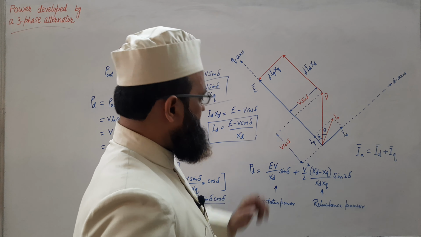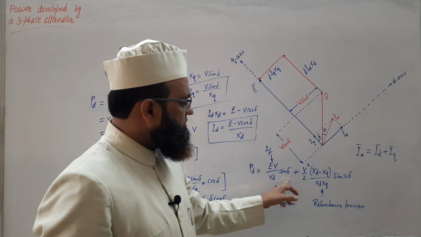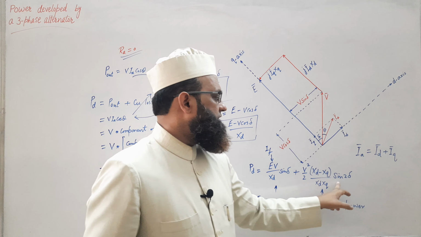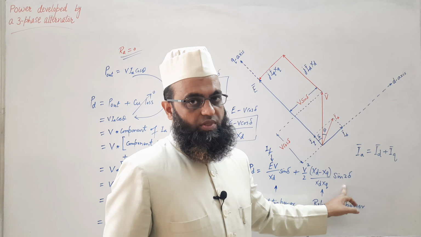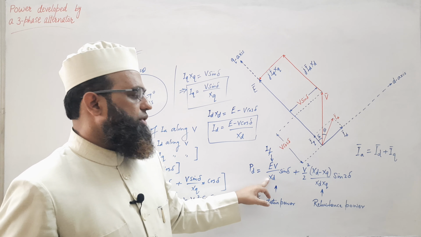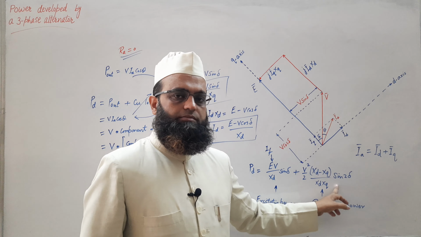So, by varying excitation, this EMF E induced will vary and this power will vary. At the same time, by varying delta, this power will also vary, but the frequency is different. This is sin delta, this is sin 2 delta. So, by varying excitation current, only this component varies, as this component is independent of IF or E.